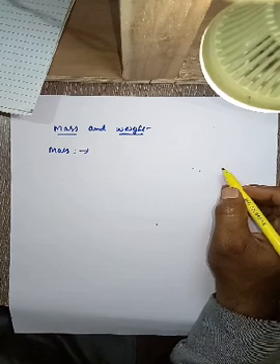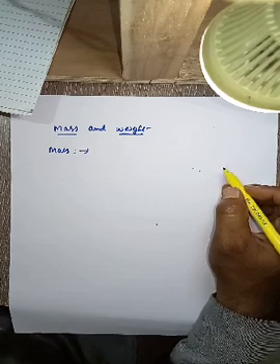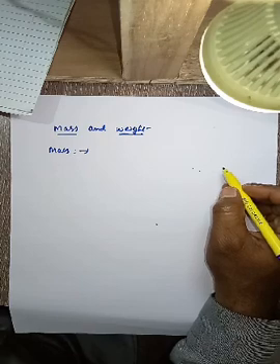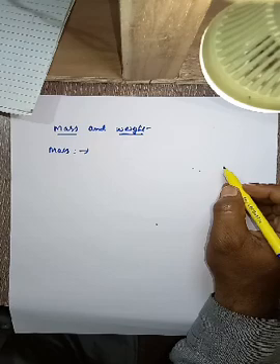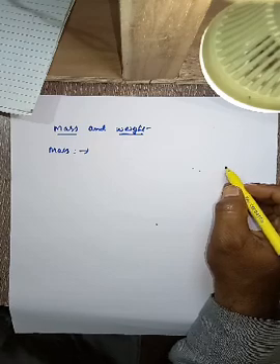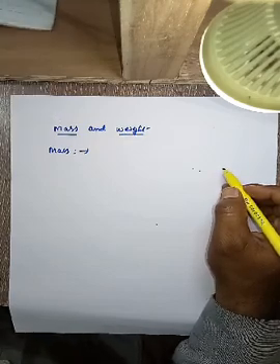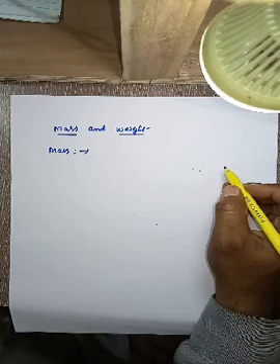Now it is very interesting that at one end I am saying that mass remains constant, and at another end I am saying that it may also change. But this is true.